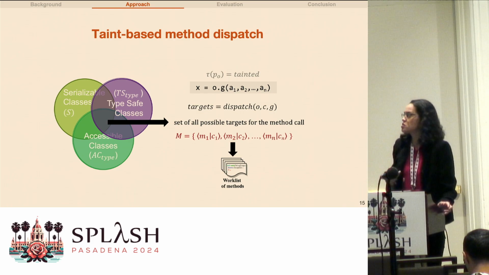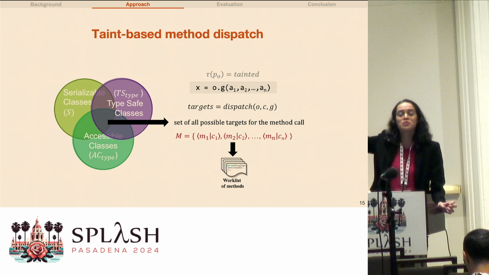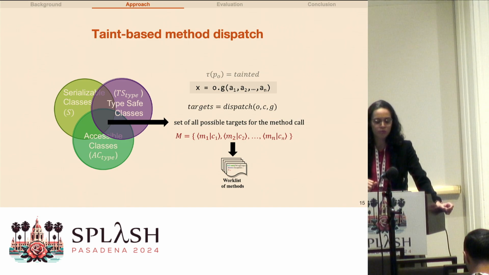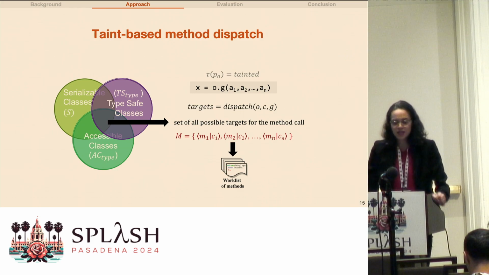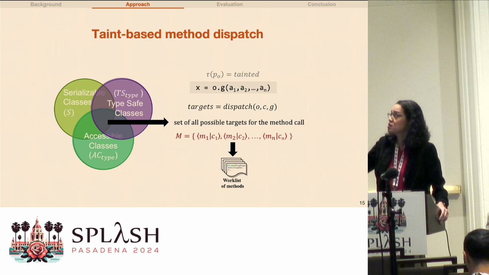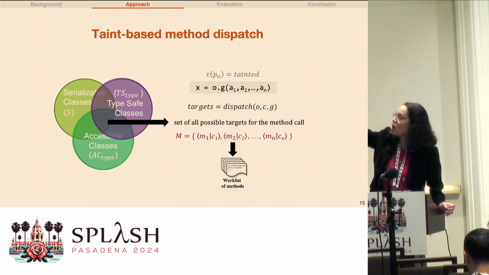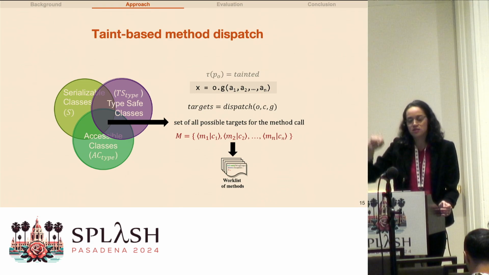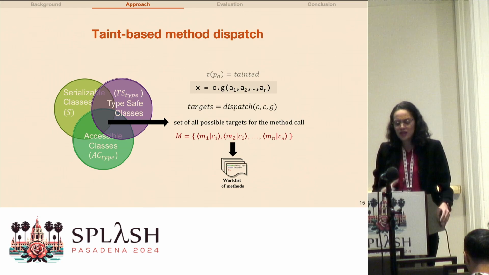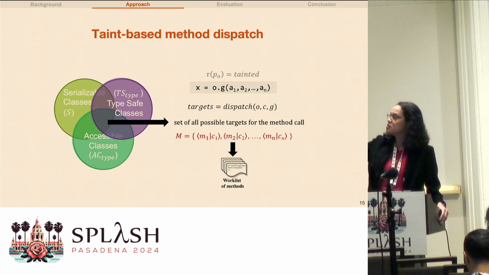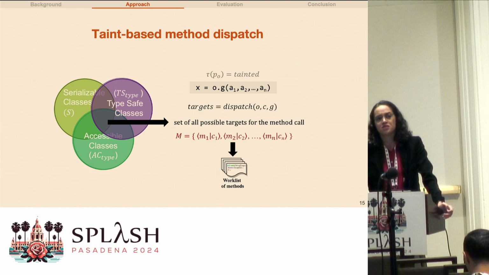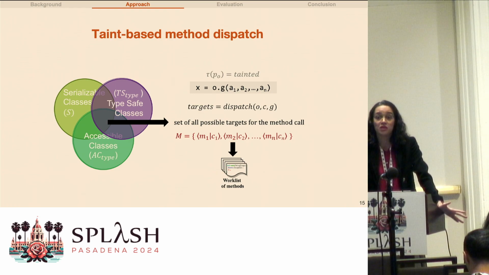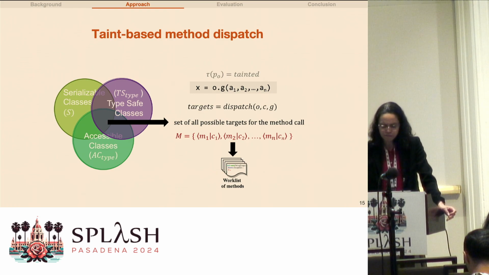Another thing we take into account is whether that class is type safe to the static type of O. So we compute the intersection of these three sets, and the possible dispatch will be all the methods that match the signature of G that are from the classes in that set. Once we compute the dispatch, we add these methods back to the work list of methods, because our algorithm to build call graphs is iterative. So it keeps analyzing these methods until there are no more methods to be analyzed on our work list.